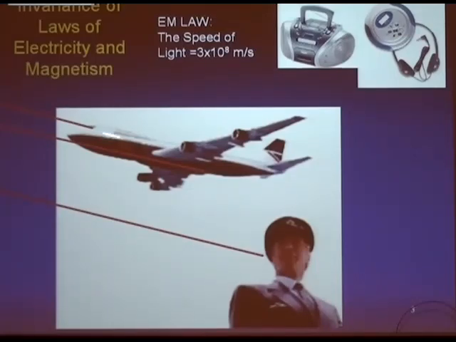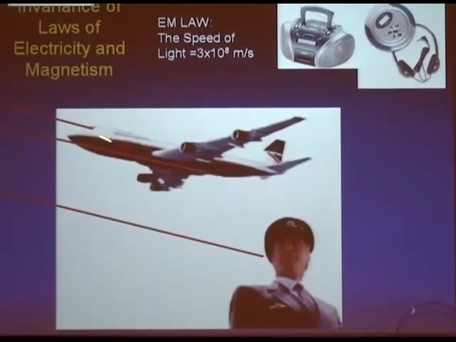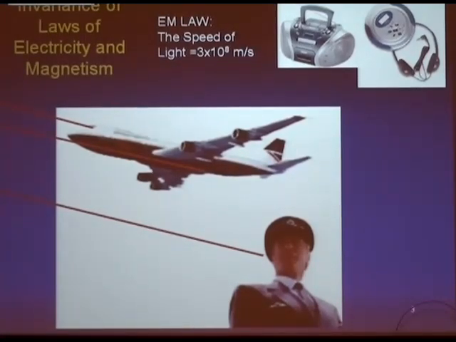So if the plane is flying at a speed c, the pilot inside the plane, if somebody sends him a light beam from, say, the air control tower, he will measure the speed of this light beam to be c, even if the plane is flying at 500 miles per hour. And if he's on the ground, he will also measure the speed of the light beam to be c when he's standing still. Okay, so almost the same thing as pouring a glass of wine, and the glass of wine looks the same.